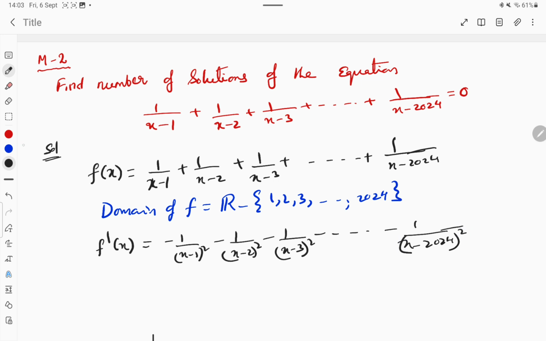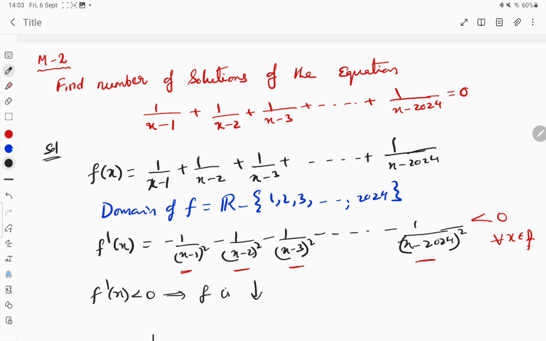If you observe, every term of f dash of x is negative, because the denominator is a positive quantity and the numerator is negative. So f dash is negative for all x, wherever it is defined. That means f is a decreasing function.